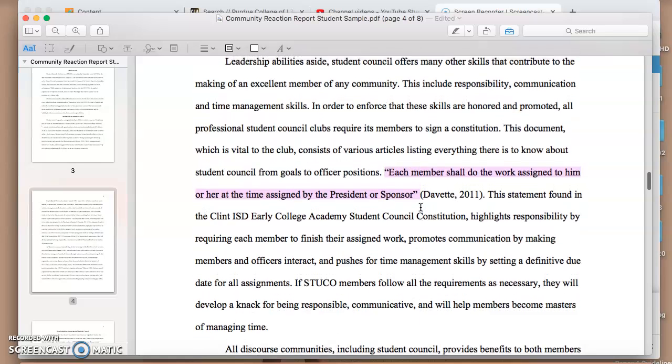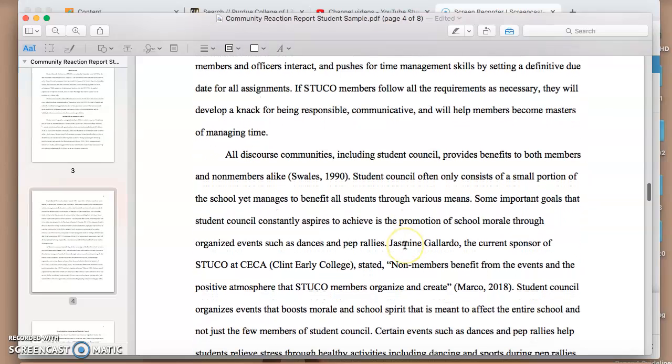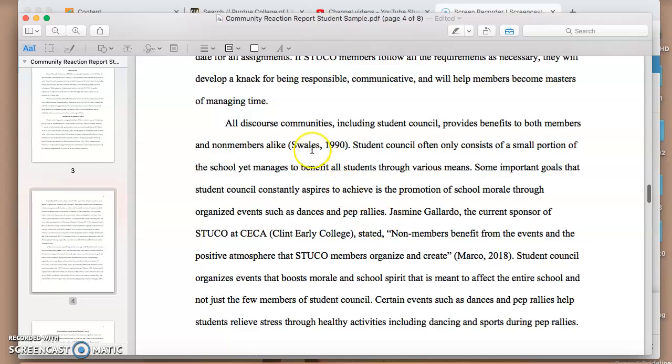Do you notice how the majority of this paragraph is her own writing? And only this little part right here that's highlighted is the source. All right. So write about your topic, your section, the viewpoint constantly, and then pause and use one of your sources to reinforce what's being discussed. All right. She also used swales.